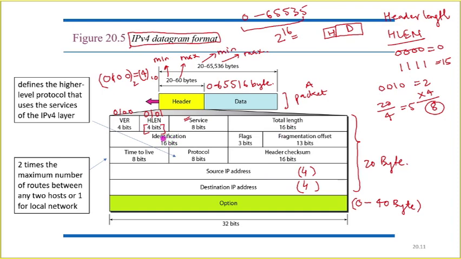Next is identification, flags, and fragmentation. These three components are considered part of fragmentation. So what is fragmentation?